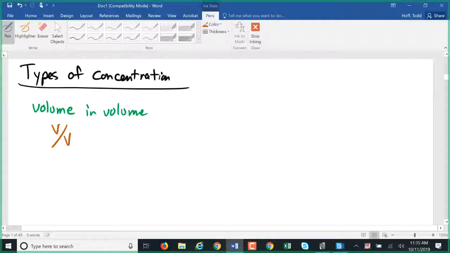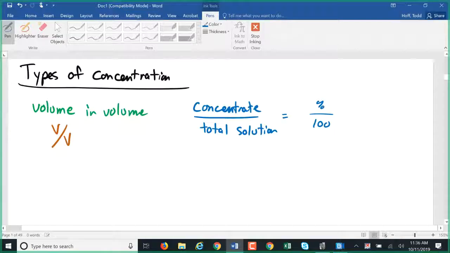And what it is, is exactly what our dilution is. It is the amount of serum, or the amount of concentrate, over the total solution. Of course, changing that to our percent over 100.